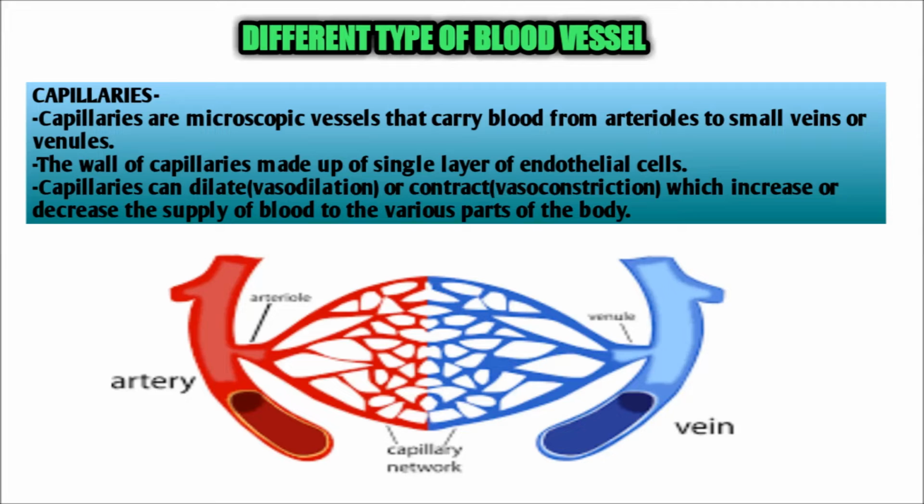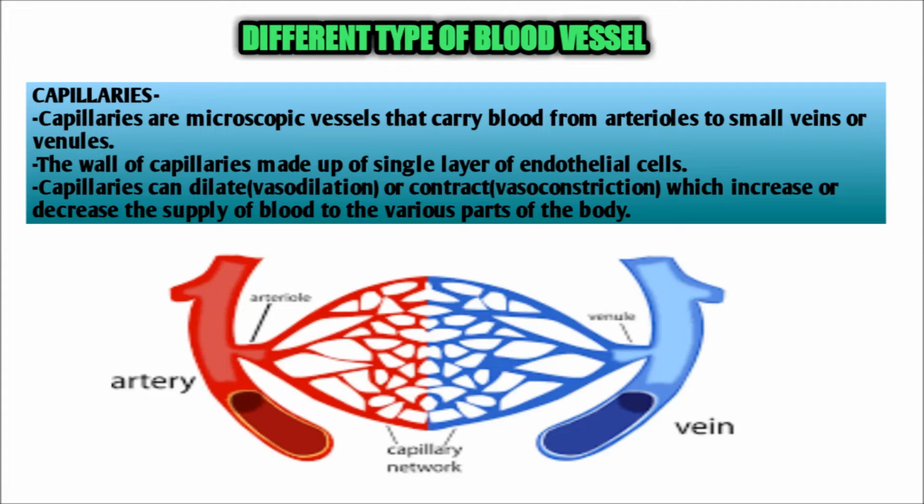Actually, throughout the body, from our head to the toe, the blood vessel network is spread everywhere. It is all made up of arteries and veins, and the arterioles and venules are mixed up and make a network known as the capillary network.